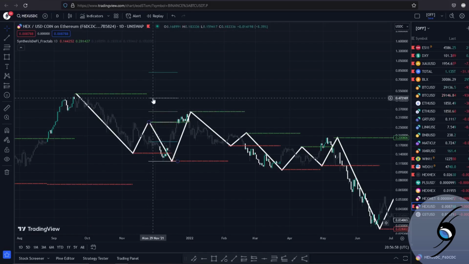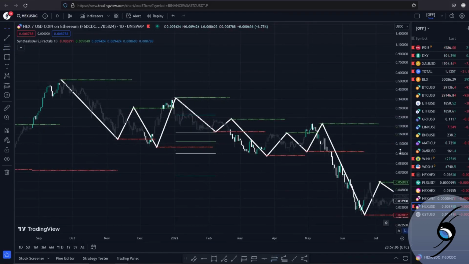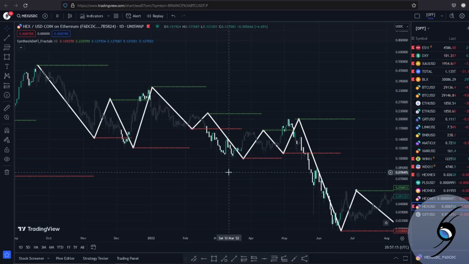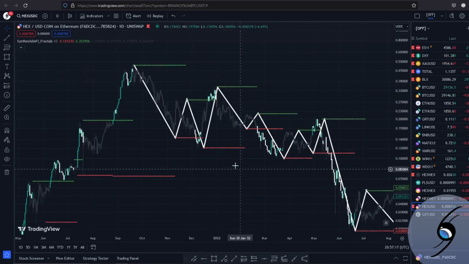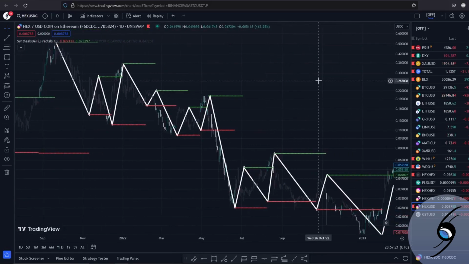And the second level is the white line. Now in the next fractal, you can see that the market actually held the second level. And this is just some sort of pattern that is happening all the time, in all time frames, in all assets, everything, commodities, forex, whatever you call it, right?